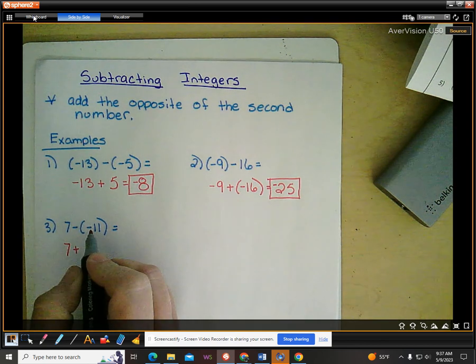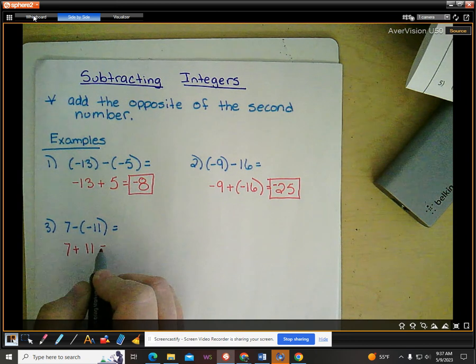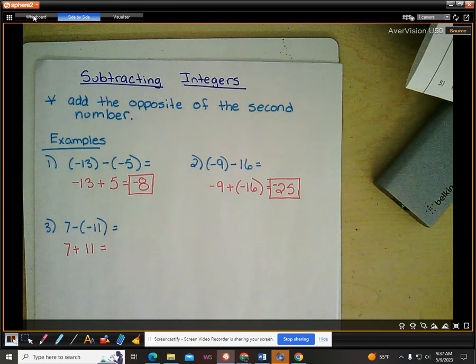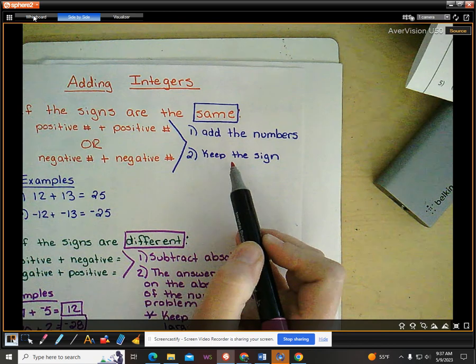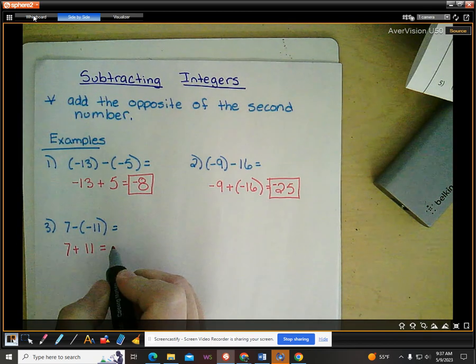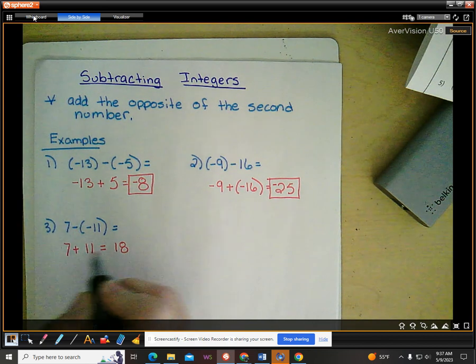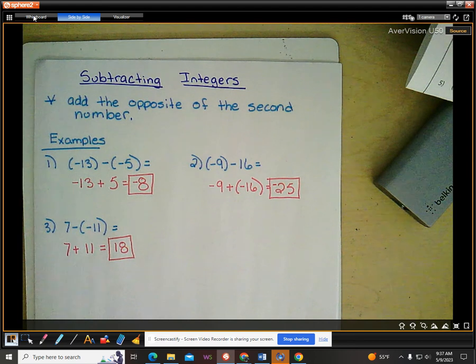And then we need the opposite of negative 11, which would be positive 11. So since our signs are the same, we are adding the numbers, keeping the sign. So when we take 7 plus 11, we're going to get 18. Those were both positive, so our answer is positive.